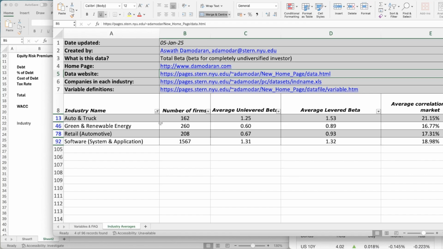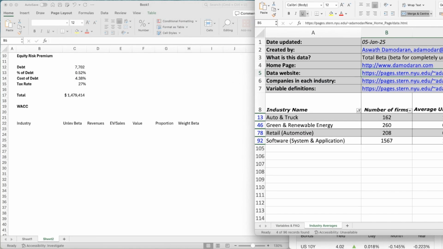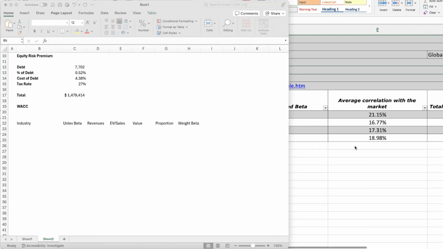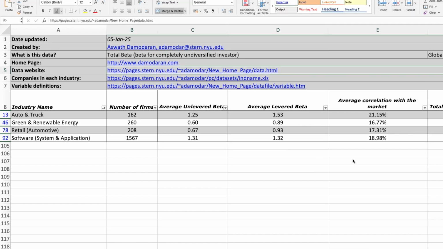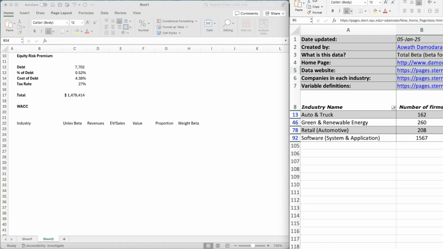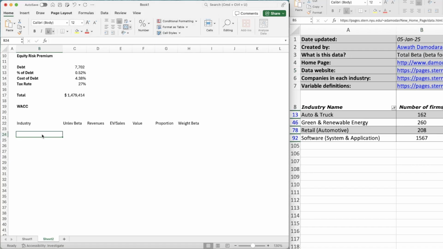These ones, I think if we, no, let's go with auto and truck rather than the retail automotive. Okay, actually, no, forget this one. Let's go for these 3.